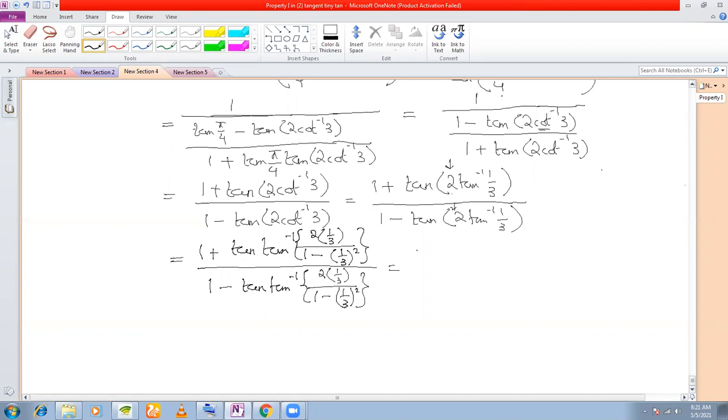Now we simplify. I'll just write the simplified fraction that you are getting.